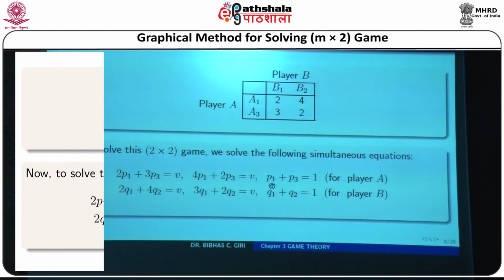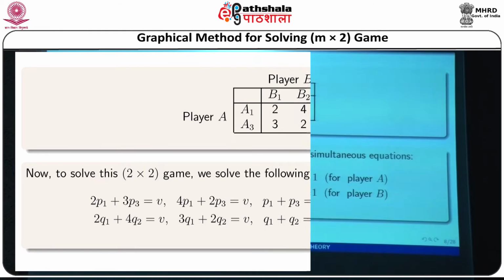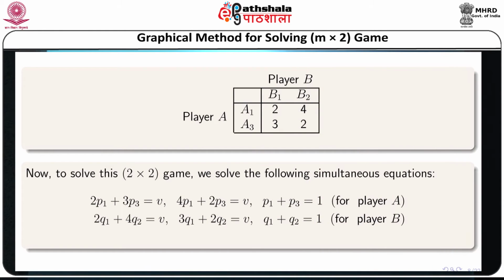Therefore, the game has now been reduced to a 2 by 2 game, where A's pure strategies are A1 and A3, and B's pure strategies are B1 and B2.